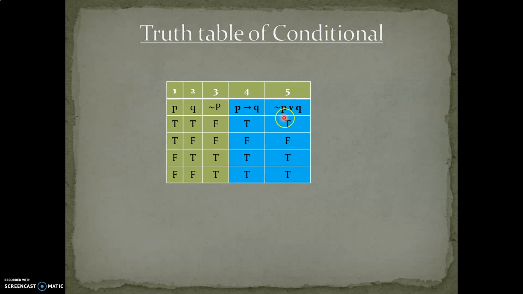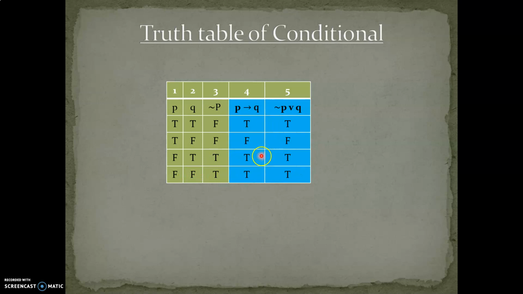Now negation of P or Q is: negation of P is this one and Q is this one. So we have to take or in between this one. So false or true is true, false or false is false, true or true is true, true or false is true.